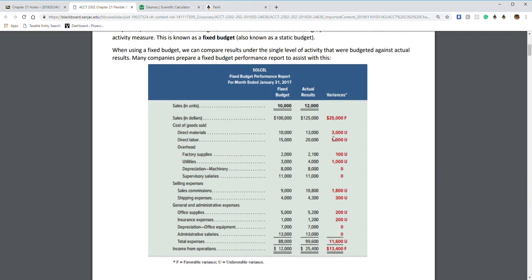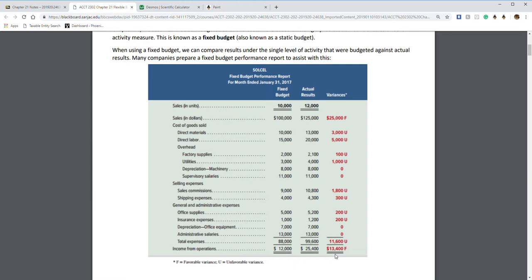So that's an unfavorable thing. And then to get this income from operations, again it's just taking sales minus expenses, and that gets us this. Notice it's positive, we love it, it's favorable. If it was negative, it would be unfavorable.